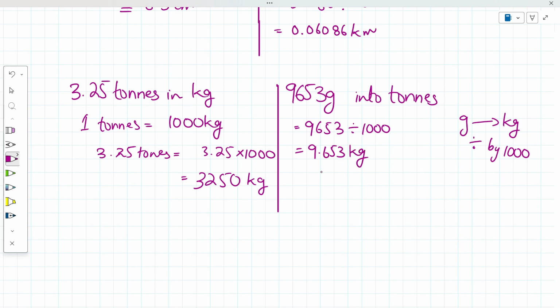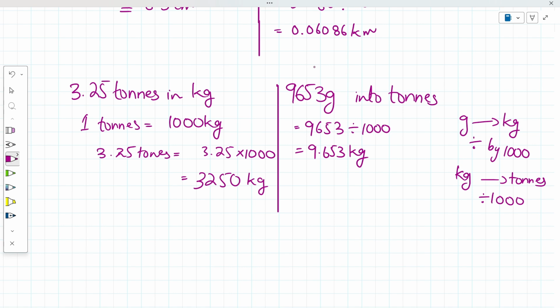Now we convert kg into tons, so we divide again by 1000.